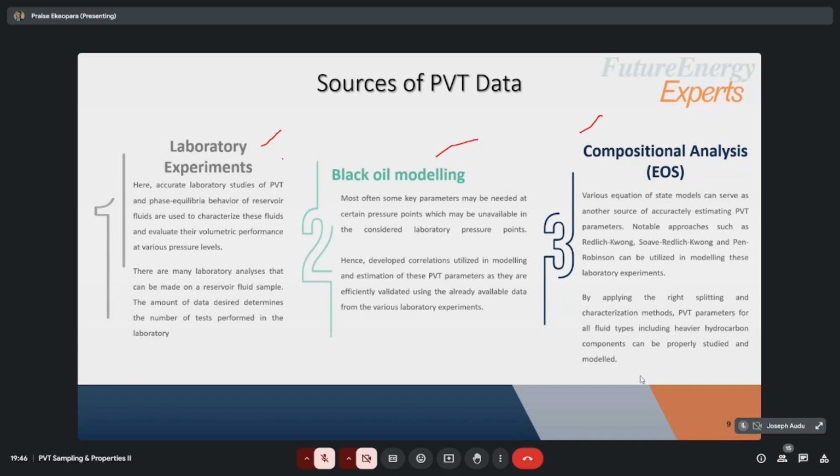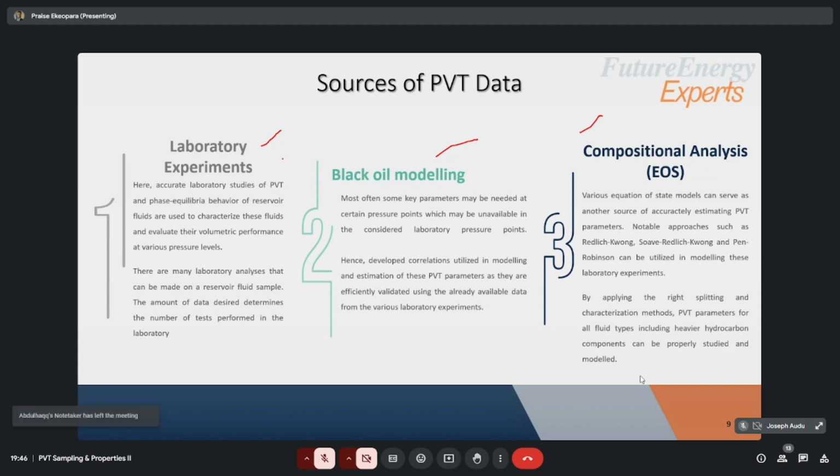What that suggests intuitively, as a constraint, is that we are at the mercy of the pressure graduation of the tools they are using in the lab. And in real life, there could be a calculation, an estimate, a forecast we want to do that depends on a pressure point that was not captured in the lab. And if we need something like that, then it becomes something serious, right?